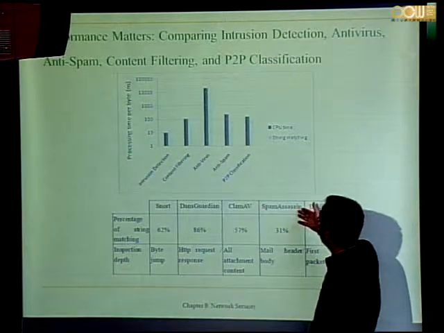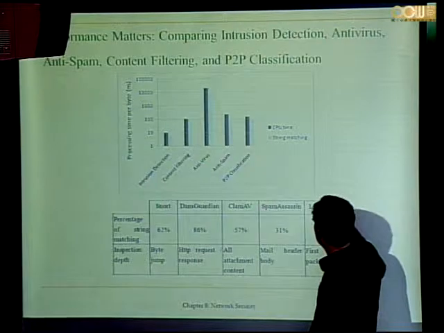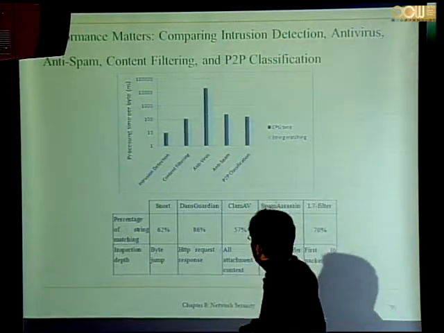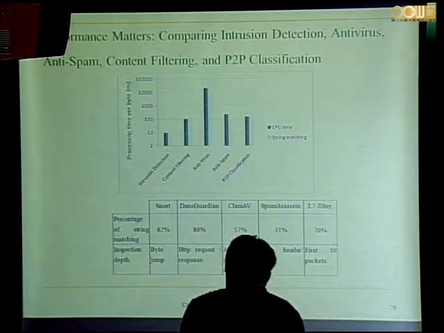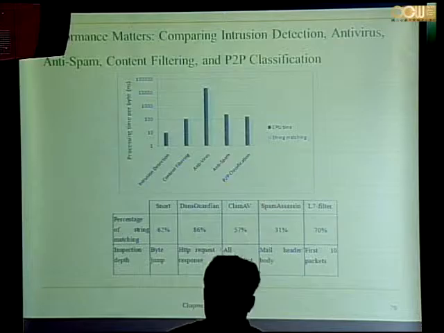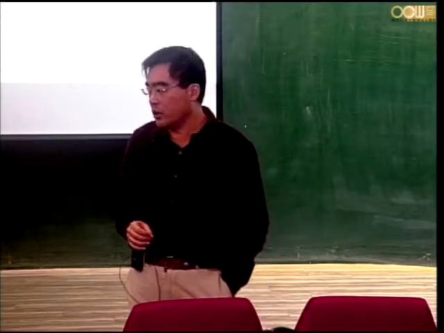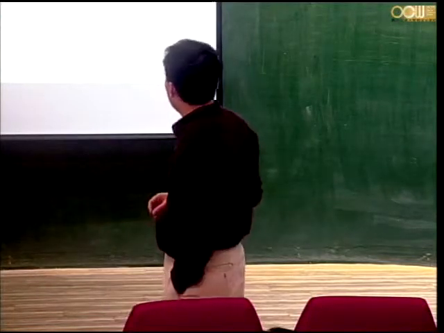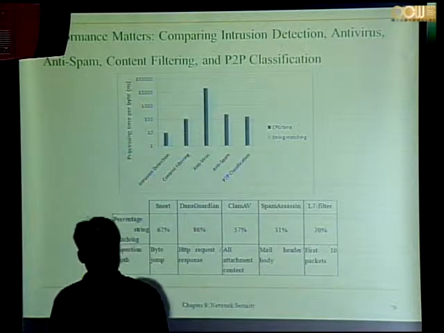For anti-spam, we test on SpamAssassin. For P2P classification, we test on L7 filters. All of them rely on string matching. They all need to look at the application header or payloads, they all need to do string matching for signature matching, and they all need to maintain a signature database.